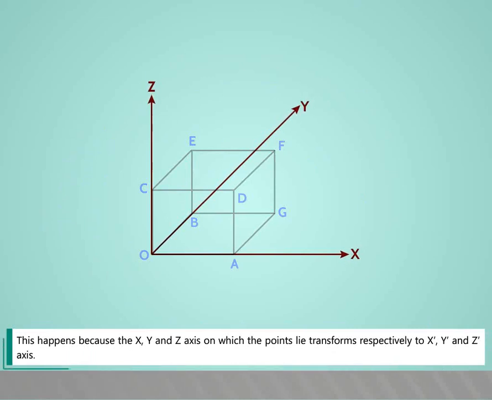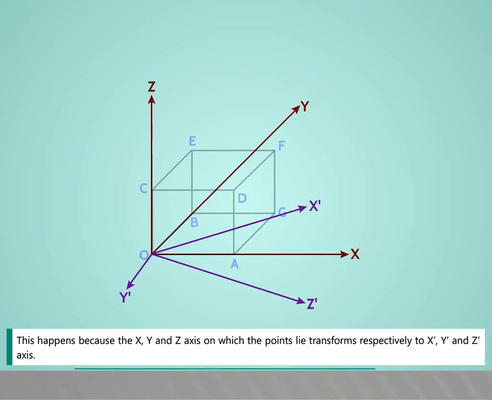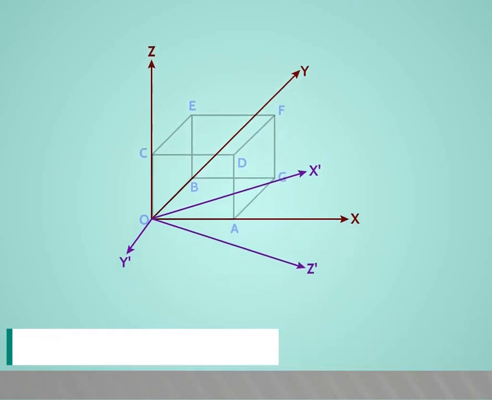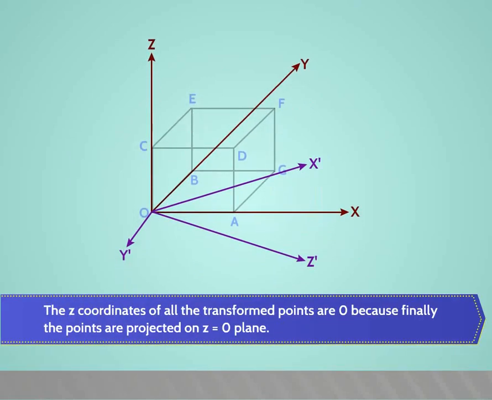This happens because the x, y and z axes on which the points lie transform respectively to x', y' and z' axes. The z coordinates of all the transformed points are 0 because finally the points are projected on the z = 0 plane.